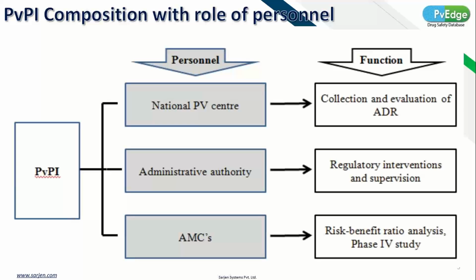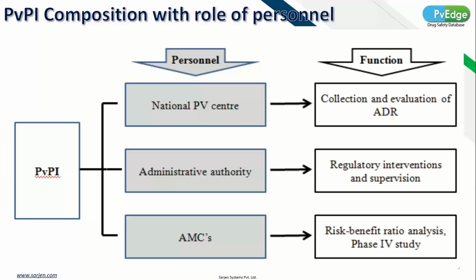The National PV Center, the Administrative Authority, and the ADR monitoring centers are the major centers where responsible personnel work with their respective functions. The National PV Center staff are responsible for collection and evaluation of adverse drug reactions. The administrative authority body with PvPI carries the responsibilities of regulatory interventions and supervision of that particular data.